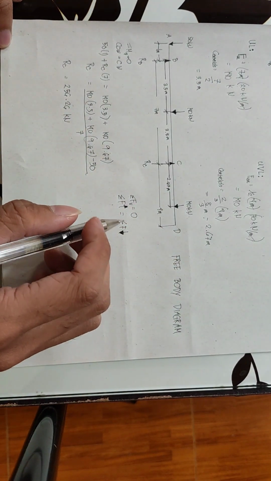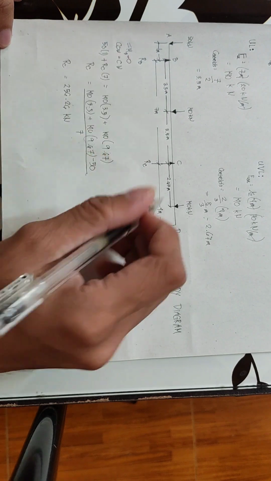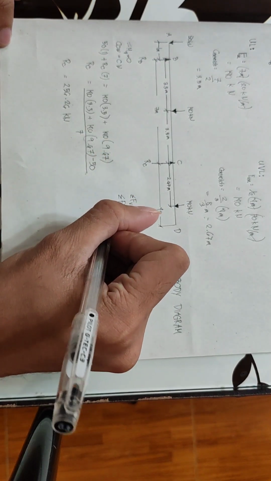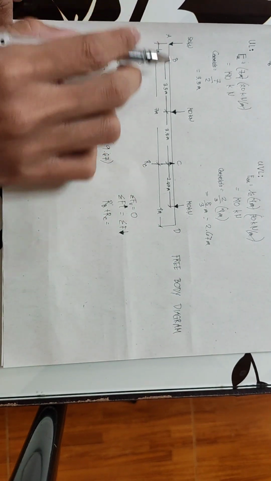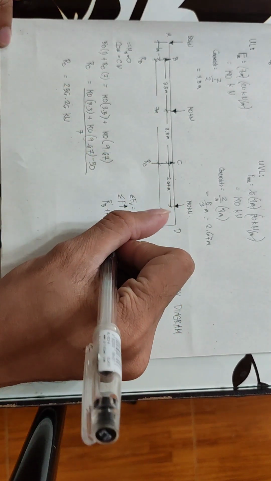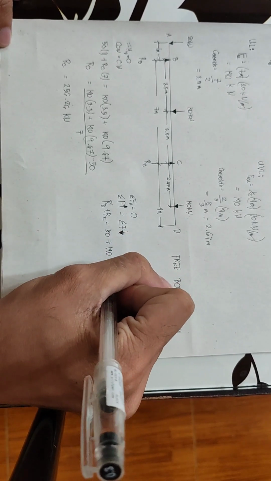So what are the forces? The forces upward, we have 2, so RB plus RC is equal to the forces downward. We have 3 forces downward, so 50 plus 140 plus 140.